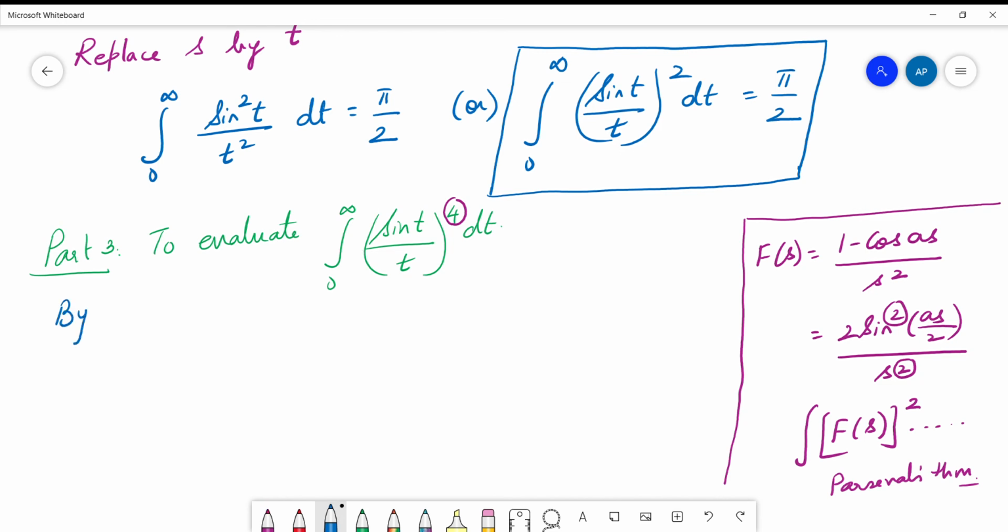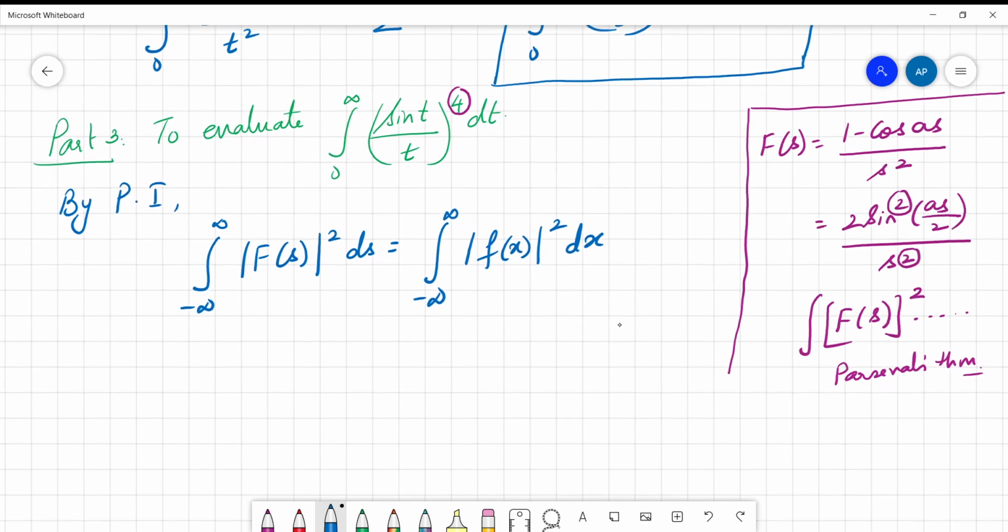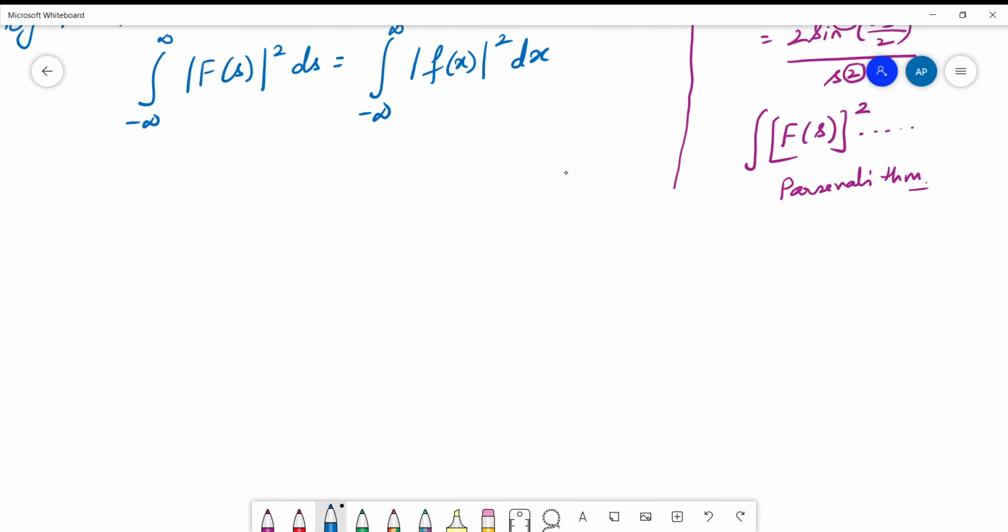By Parseval's theorem, integral minus infinity to infinity modulus of f of s the whole square ds is equal to integral minus infinity to infinity modulus f of x the whole square dx. Now, as we have seen earlier, both f of x and f of s are even, as I told you in the last two problems.